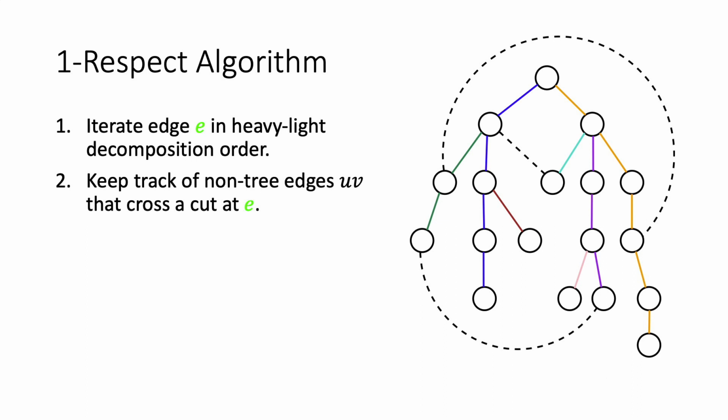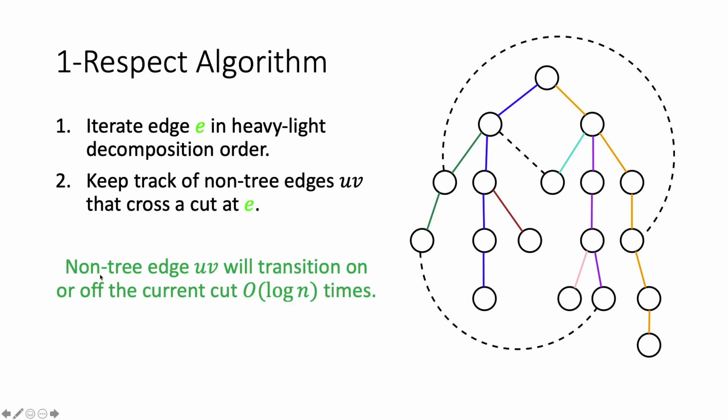All right, so let's describe the one respect algorithm. We'll iterate this edge E in heavy-light decomposition order. Then we'll keep track of the non-tree edges UV that cross a cut at E, just like our first attempt. What is this going to imply? Well, a non-tree edge UV is going to transition on or off the current cut log n times. Why is this? If we look at a non-tree edge UV, there are at most log n colors on this UV path in T. And now the color changes will correspond directly with when the non-tree edge falls on and off the path.